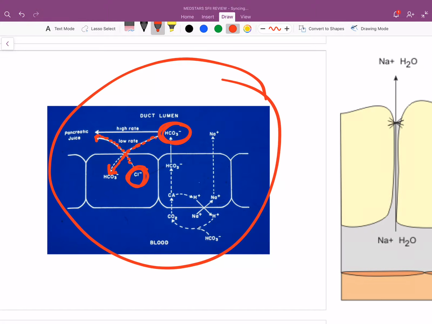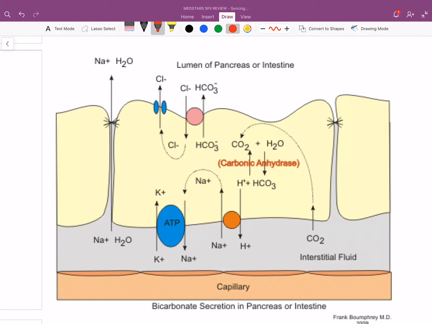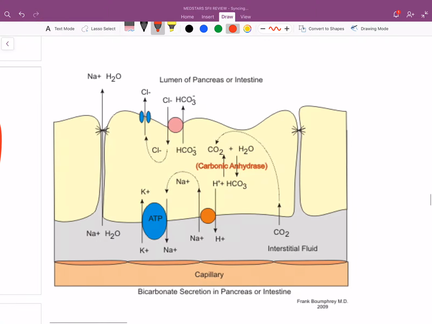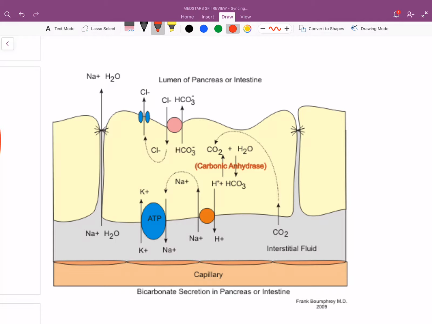This is a better picture that I found online. Basically, the reaction is similar to that of gastric acid secretion. We have carbon dioxide going inside the pancreatic cell. The carbon dioxide joins with water, and what does that become? Carbonic acid. And then what does the carbonic acid become?